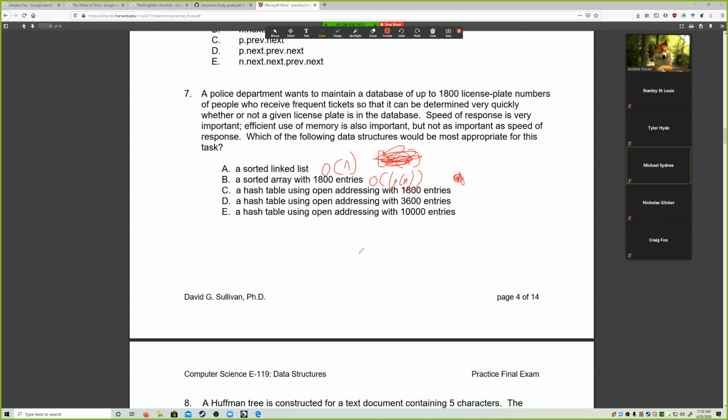Suppose we have 1,800 parking spots in this parking garage, and 1,799 of them are full. There's only ever going to be 1,800 cars in them at once.